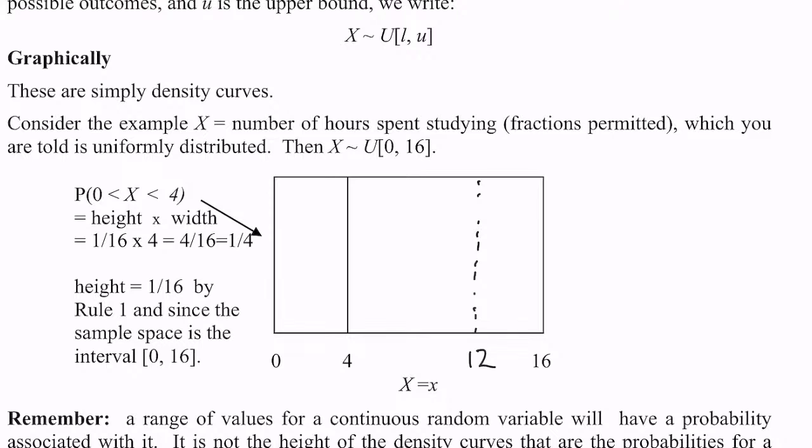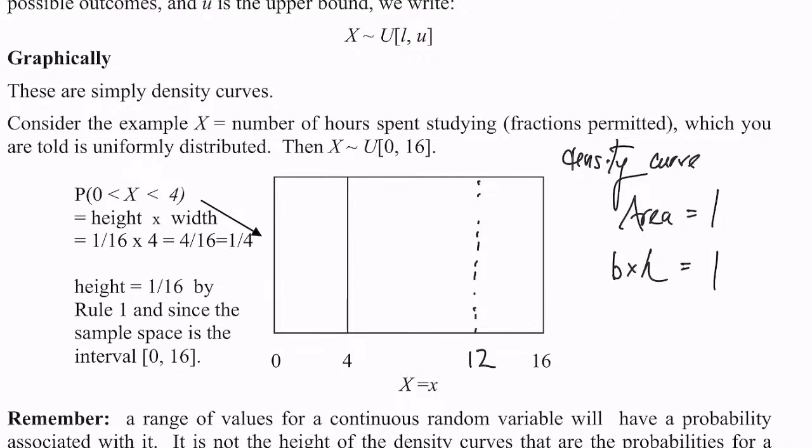So what you need to know about this is how you calculate areas, because areas will represent probabilities. Okay, this is the density curve. Even though it's a box, we call it a curve. As a density curve, the area under the curve should be 1. For a rectangle, area is calculated as the base times the height. That should be 1.